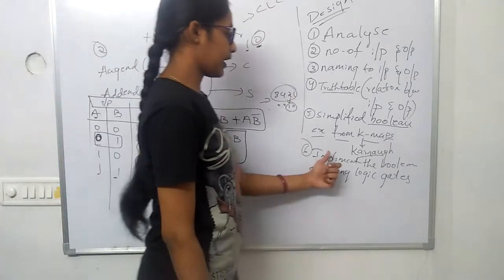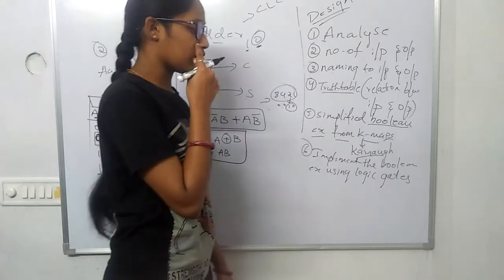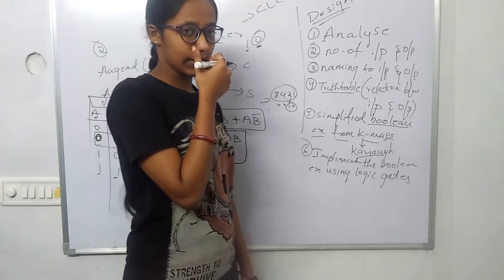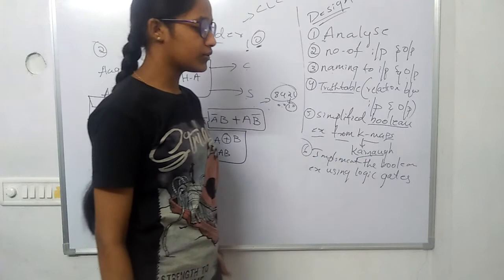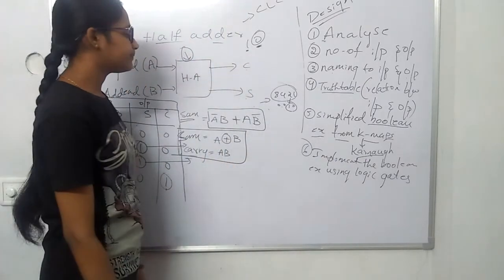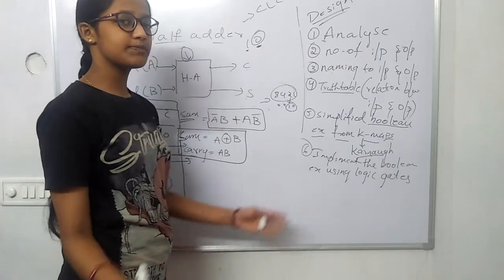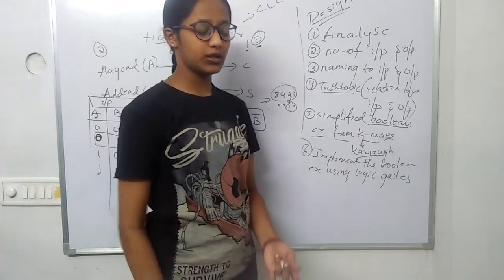Fine. Next we have to do the implementation, which means we have to implement using logic gates. You can draw simple logic gates, or XOR, or the universal logic gates also. But as our theme is to simplify the circuit, we don't need to use many logic gates.